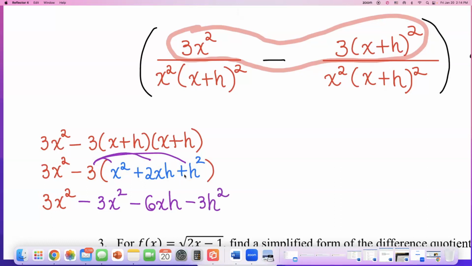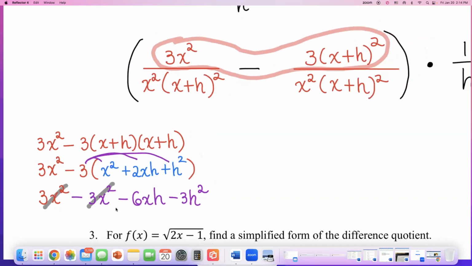So that's going to be the new numerator. Oh, but look, like terms. One of them is positive 3x squared. This other one is negative 3x squared. So guess what happened to them? They cancel out.